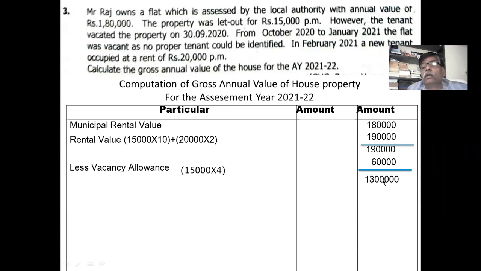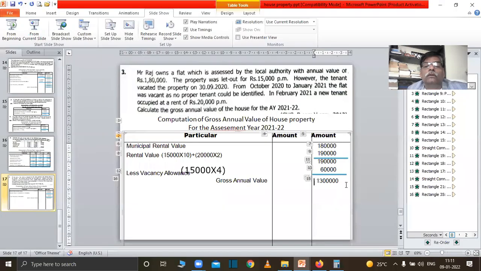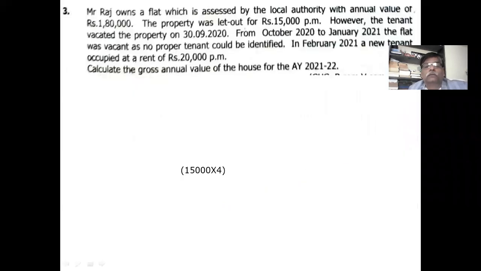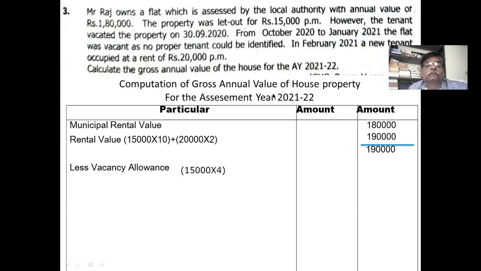This is gross annual value. In this case, you compare this 1,30,000 with 1,80,000. 1,30,000 is the gross annual value.